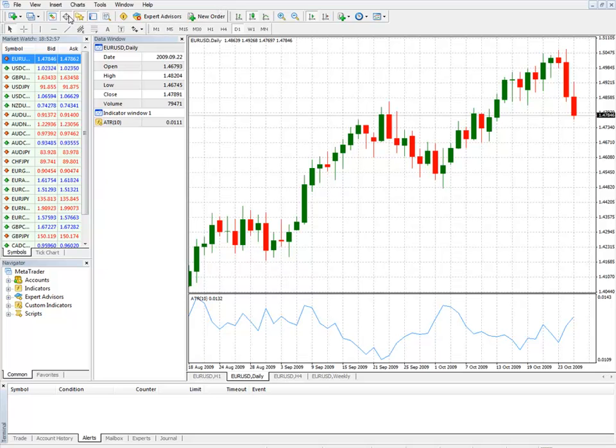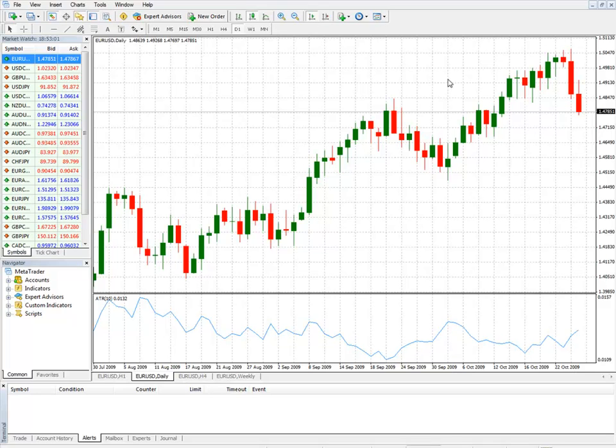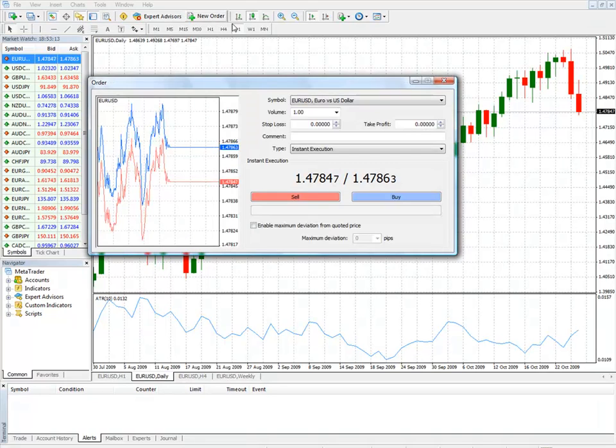So what we'll do is trade the daily chart, but we'll have to scale our level of leverage as far as volume is concerned.